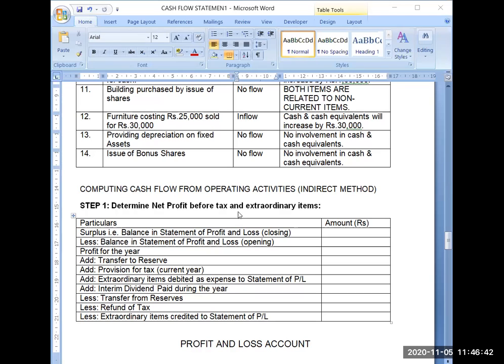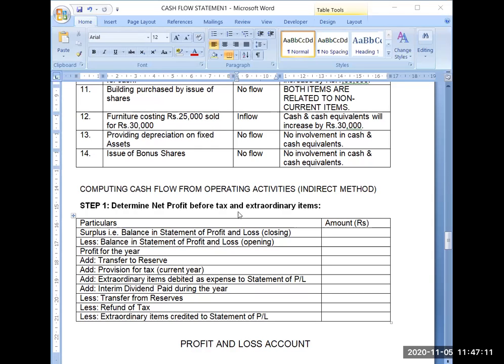See, you should understand what is ordinary first, then you will be able to understand what is extraordinary. My ordinary activity is purchasing an article and selling an article. My ordinary activity is manufacturing an article and selling that article. My ordinary activity as a financial institution can be accepting deposits and disbursing loans.